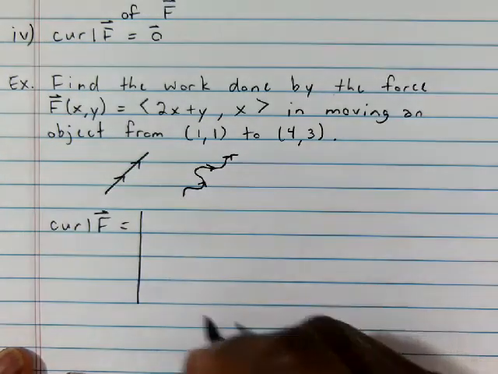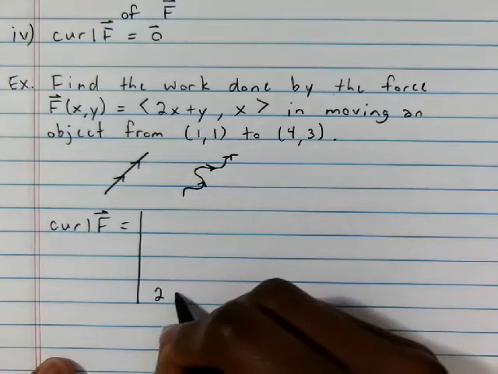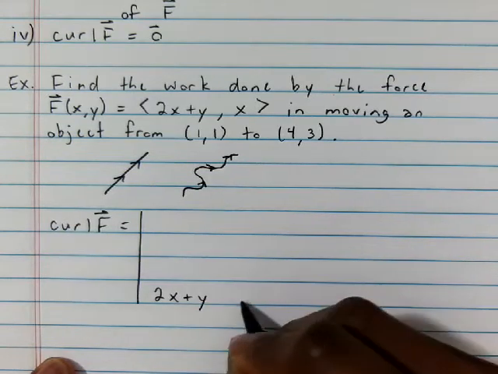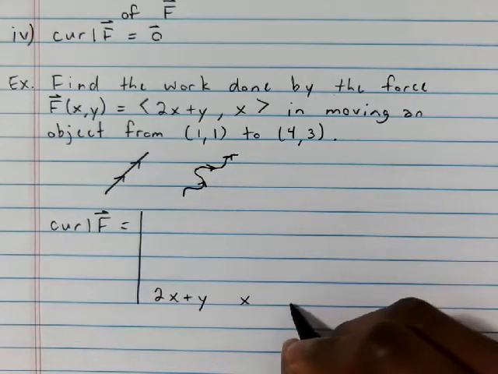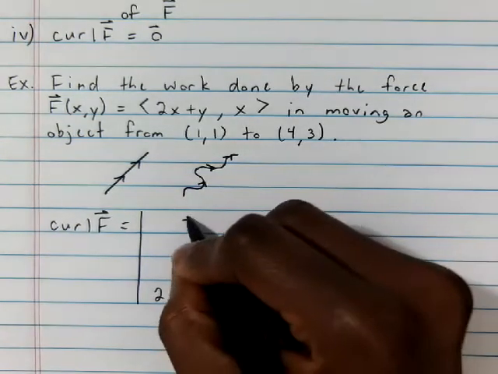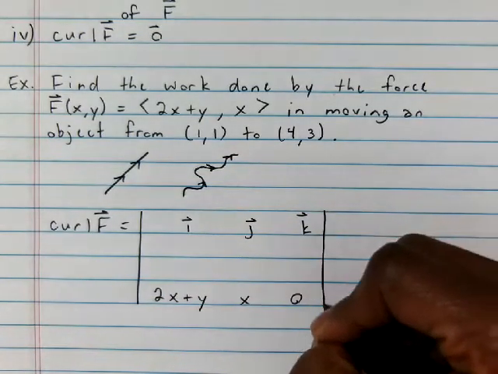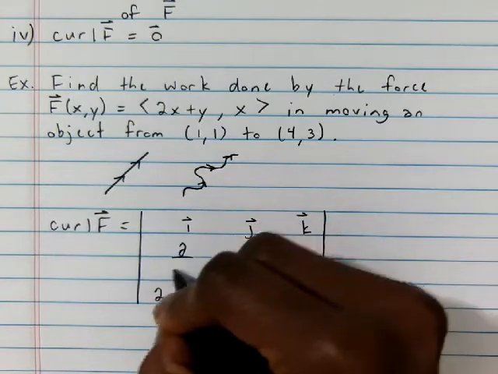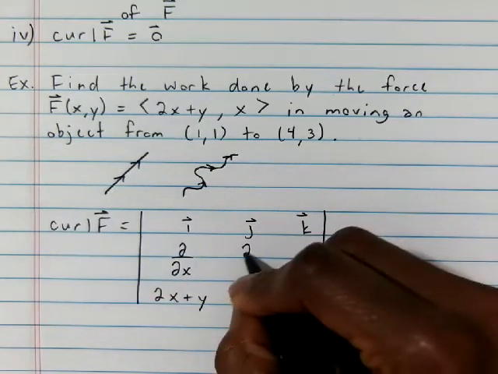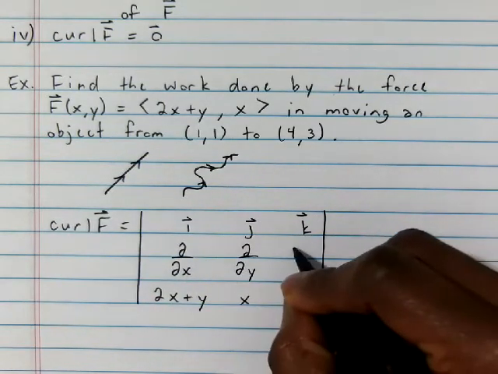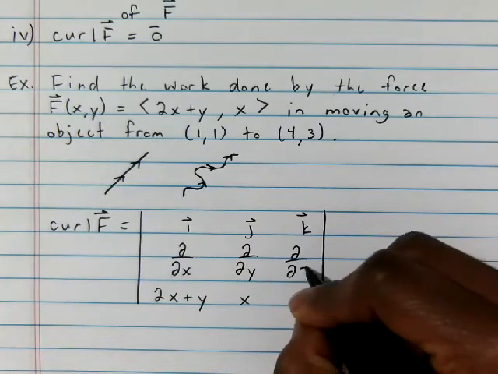So we have 2x plus y, and then x, 0, i, j, and k, partial with respect to x, partial with respect to y, partial with respect to z.